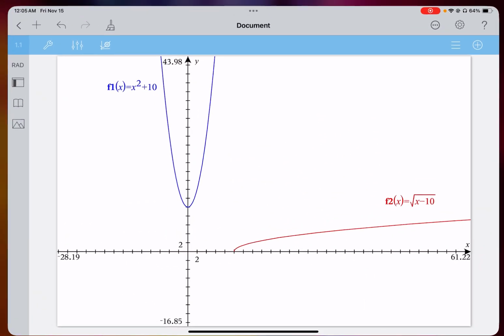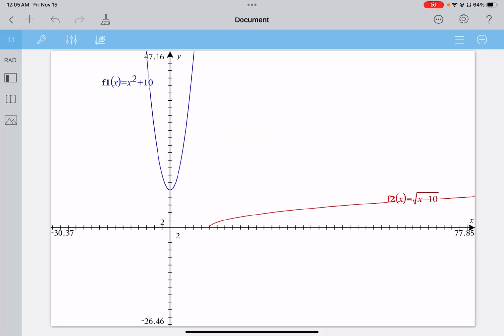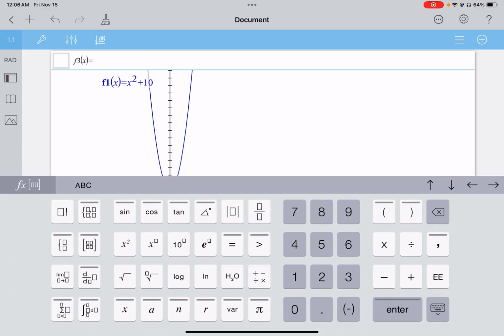Okay, so what happens is the square root function is always going to be half of the parabola. If you want to see the whole parabola flipped on its side, you have to add an additional equation, which would be the negative square root of whatever you have going on, which we had was x minus 10.